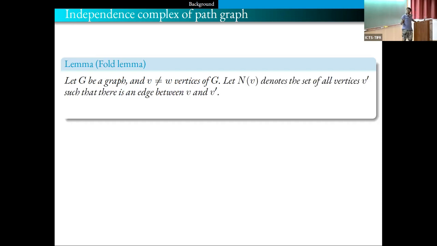So in general, in order to find the independence complex of a path graph, we need something called the fold lemma, which says that if you have a graph G with two distinct vertices V and W, and N(V) denotes the neighboring vertices of V, and if N(V) is contained in N(W), then the independence complex of G minus W is the same as the independence complex of G. This is very important to find the independence complex of paths and many other graphs.